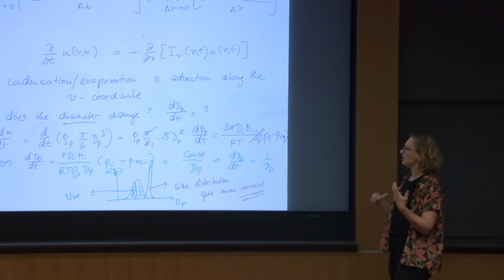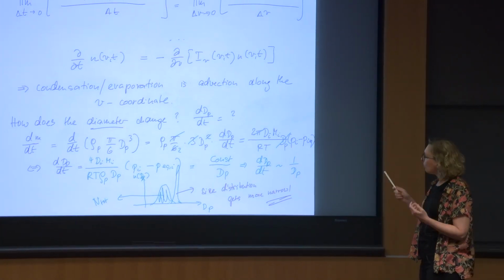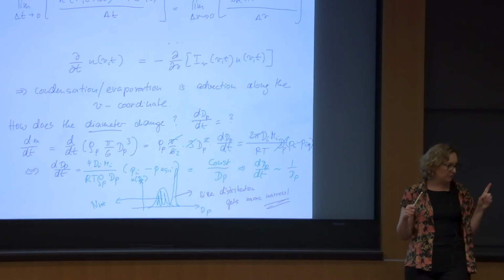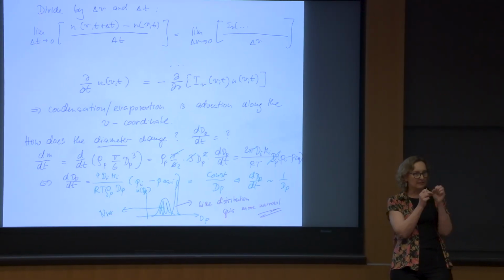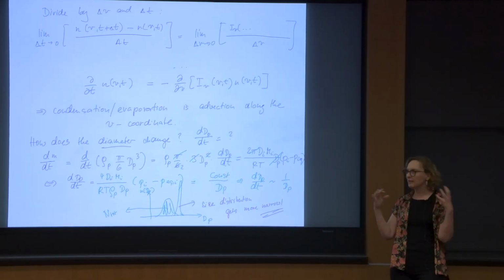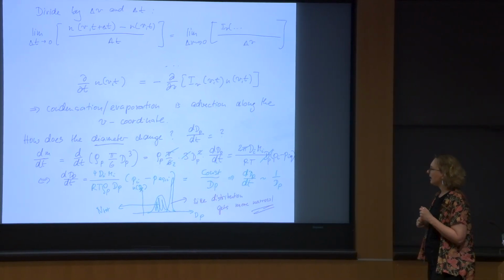It could be sulfuric acid or some organic that condenses on it, or something we want to focus on a little bit more, just water vapor. So droplets, or tiny aerosol solution droplets, growing by water vapor diffusion and eventually forming cloud droplets.